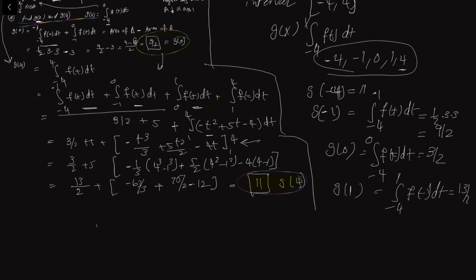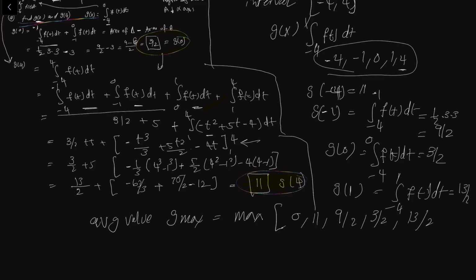So now the maximum value of g is the maximum of the numbers I have: 0, 11, 9 over 2, 3 over 2, 13 over 2.